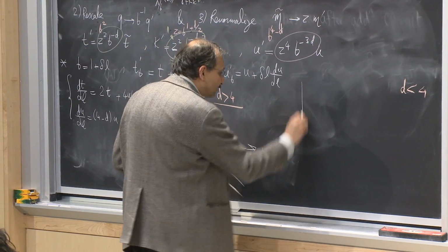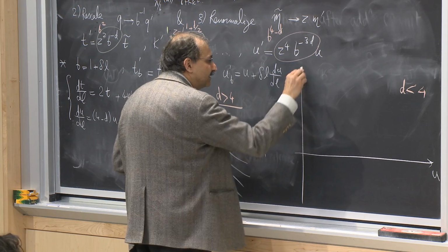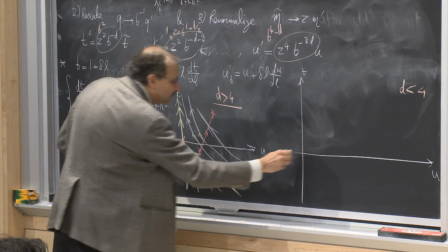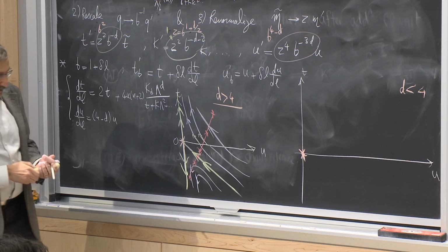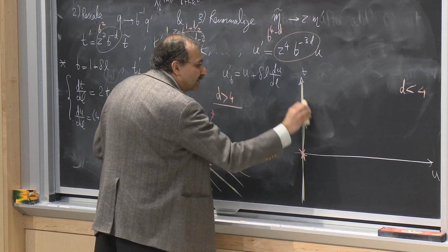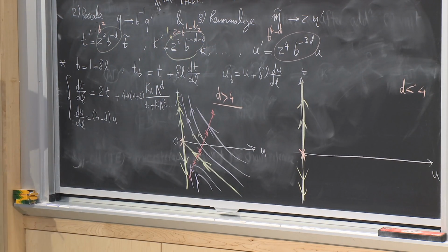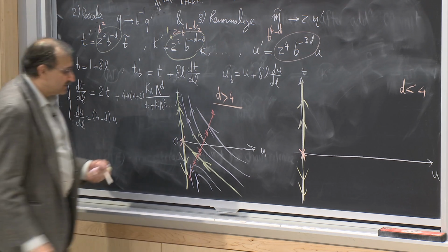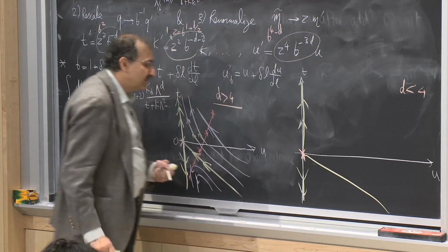For d less than 4, I can again draw u, I can draw t. And I will again find the fixed point at 0, 0. I will again find an eigendirection at u equals 0, which pushes things out along the u equals 0 axis. Going from d above 4 to d below 4 does not really materially change the location of this other eigendirection by much.